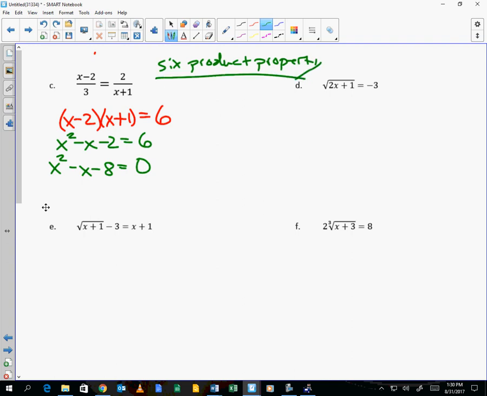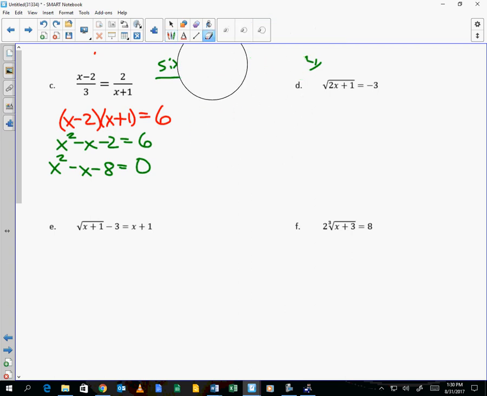We have a 0. Because if A times B is equal to 0, then we know either A or B has to be 0. But if A times B is 6, do we know anything? We know nothing.